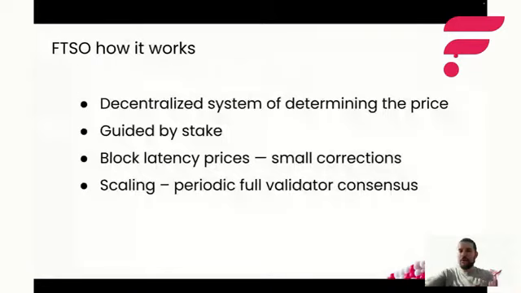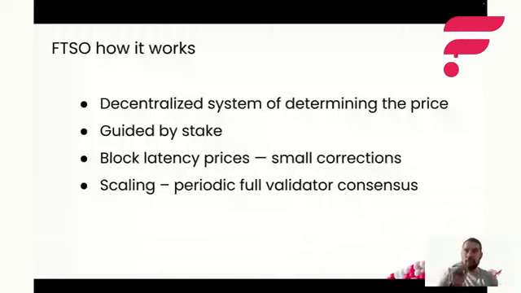This gives us the so-called anchor price. Every 90 seconds, we source the whole data provider set, ask them what the price is, and this gives us a price for Bitcoin. But since a price every 90 seconds is a bit slow, with too much lag to be very useful, specifically for high frequency things, we also want small increments in the middle. So apart from consensus on the whole thing, we also have these block latency prices. The prices can be updated every block, which is between 1 and 2 seconds.